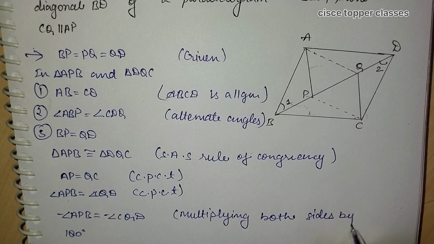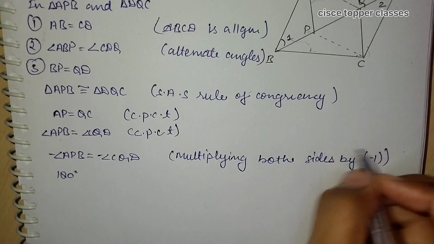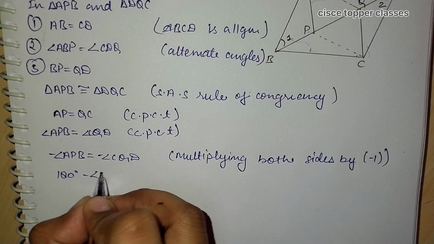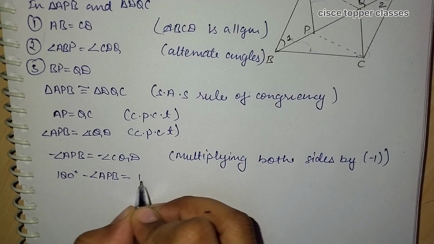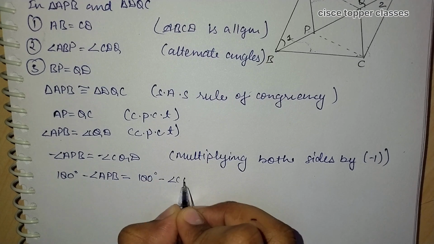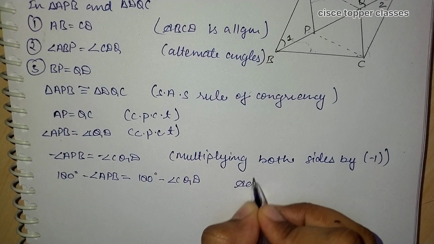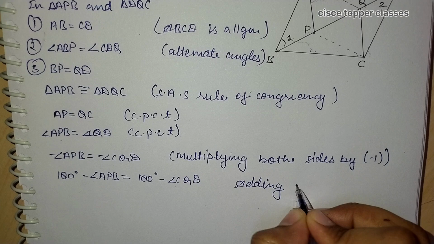So 180 degrees minus angle APB is equal to 180 degrees minus angle CQD.